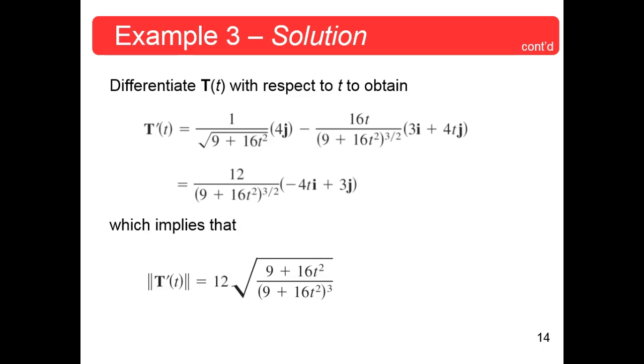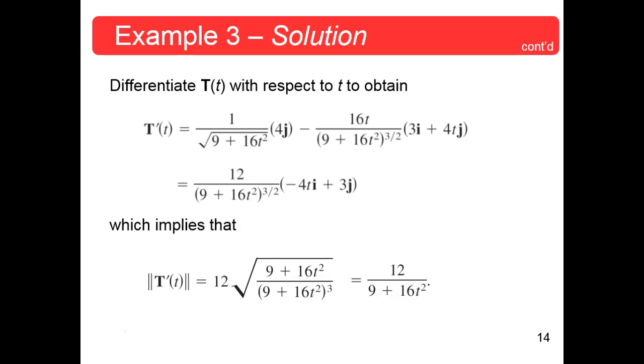This is one of these and 3 of these, so that goes in squared, so it's 1 over this squared, so that pulls it on the outside, making it just 12 over this thing, 9 plus 16t squared. So that's the magnitude of that. So we're going to take this and divide it by that.